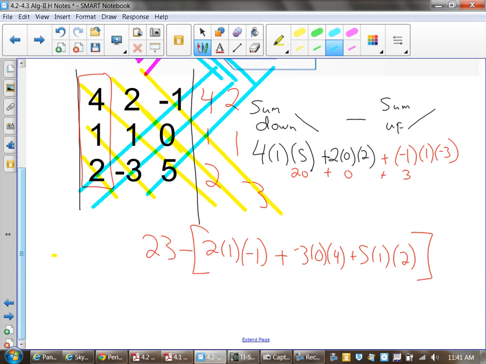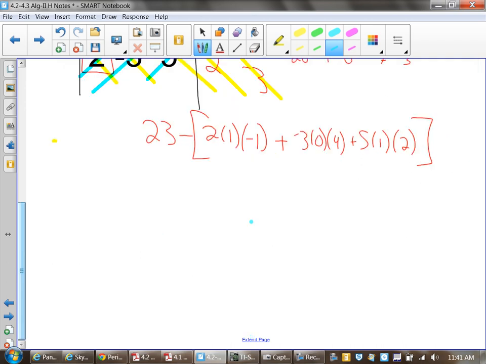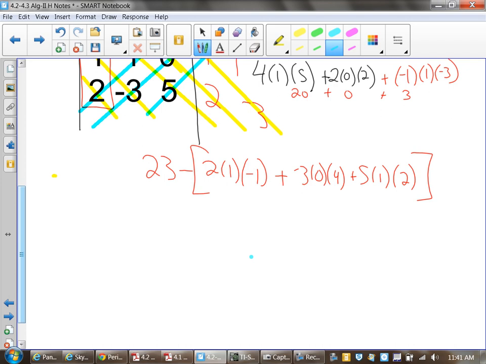So that whole upward diagonal winds up equaling negative 2, 0, and 10. Otherwise known as 8. So I get 23 minus 8, which is 15. So my determinant in this case is 15.